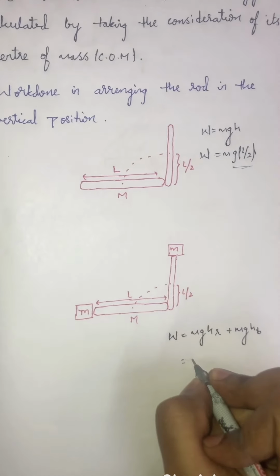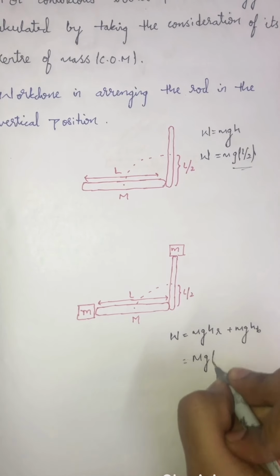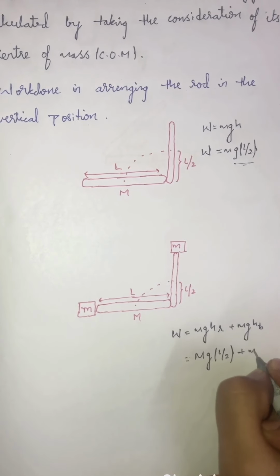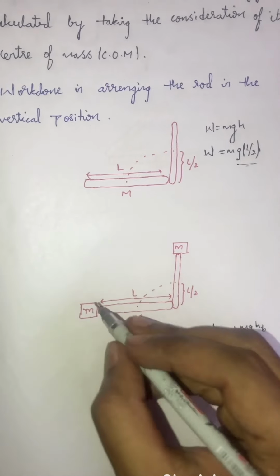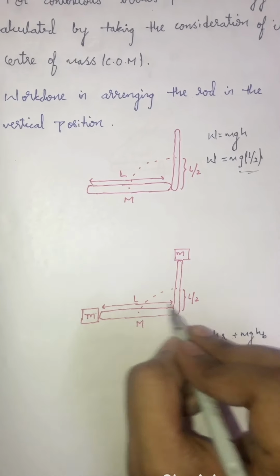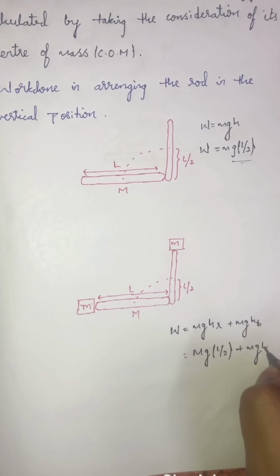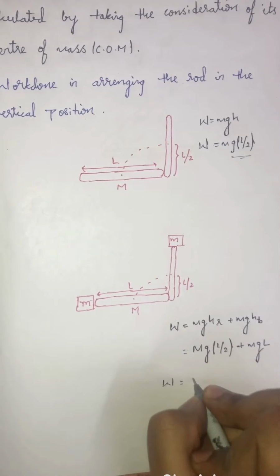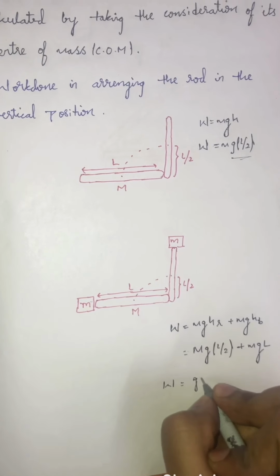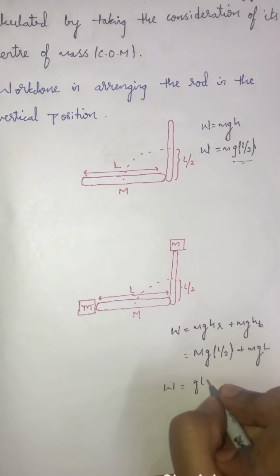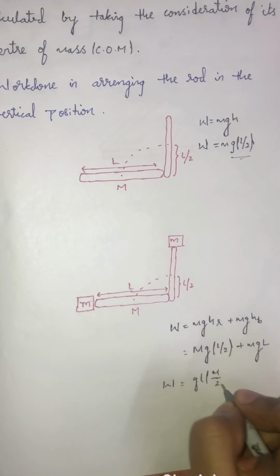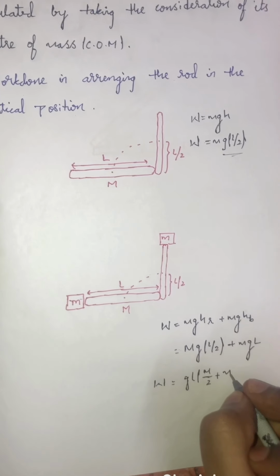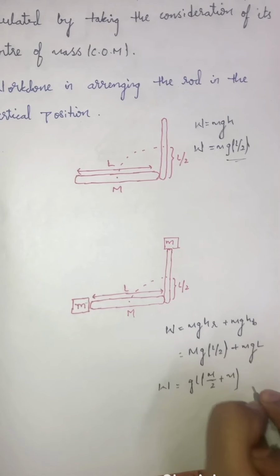Here height raised by the rod is L by 2, so MgL by 2, and for the block small m g. So height raised by the block, we need to consider the total length, mgL, so that work done will be equal to gL common in both of them, capital M by 2, where capital M is the mass of the rod, plus small m. Small m is the mass of the block. That's it.